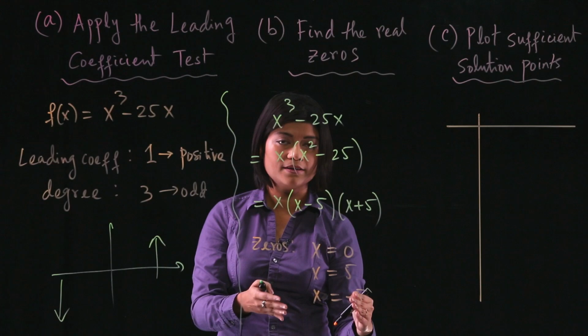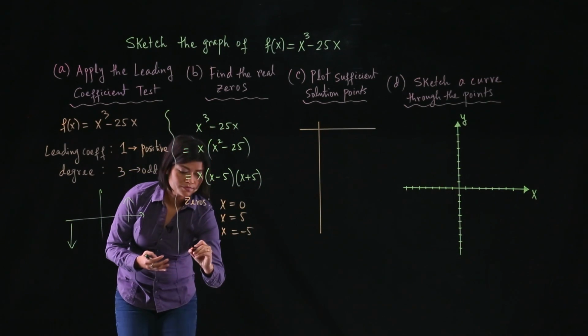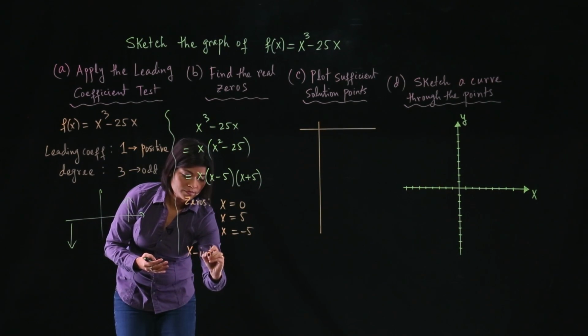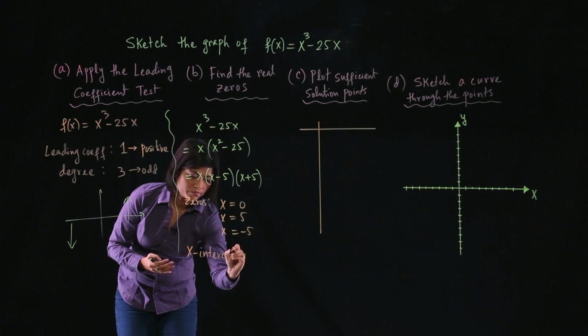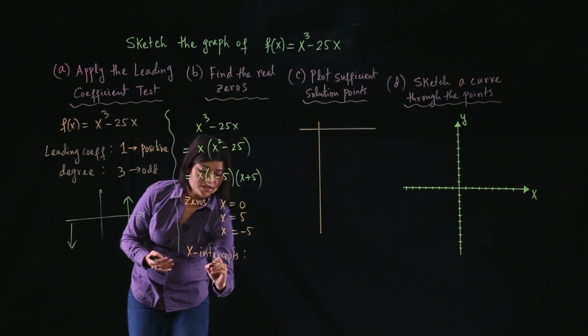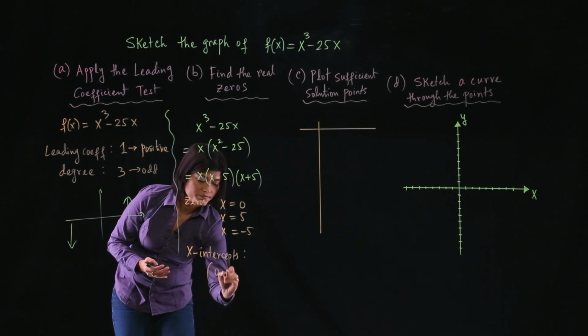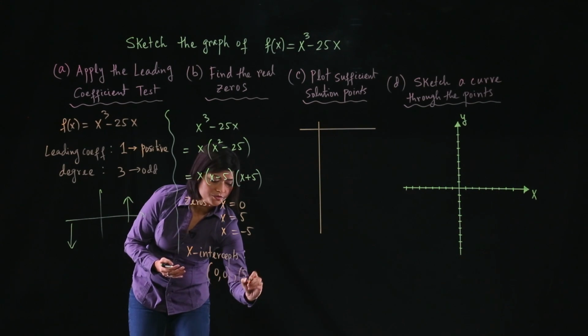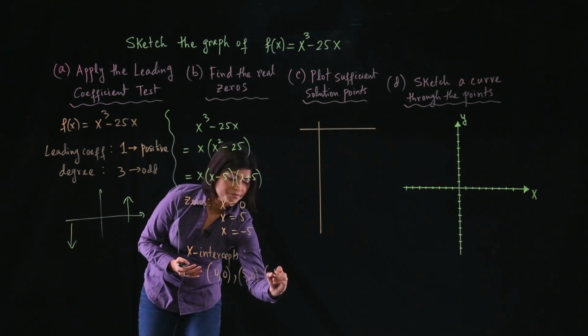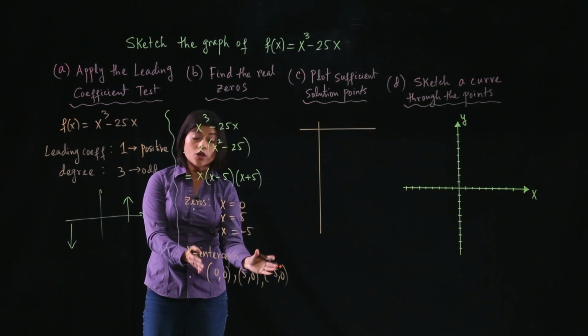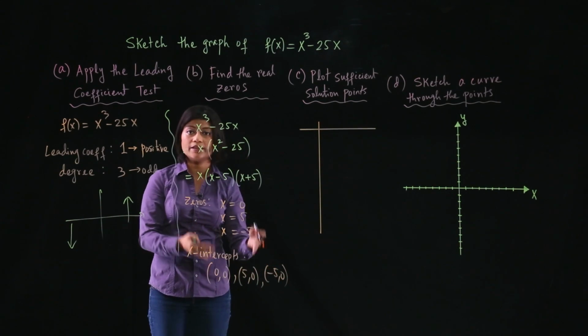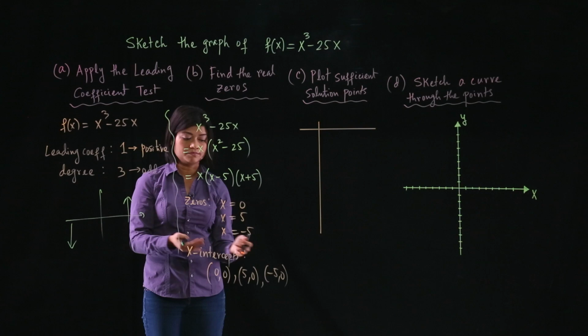So these are the x-intercepts. So the x-intercepts are (0, 0), (5, 0), and (negative 5, 0). So we can plot those points also, and it will help us sketch the curve.